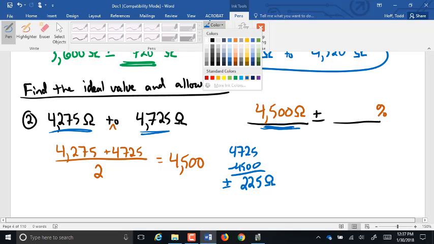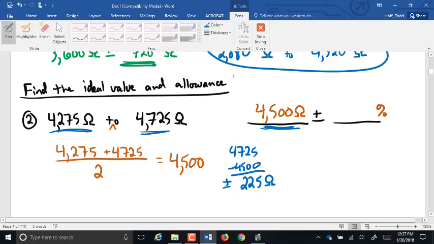But now we want that as a percent. How do we turn it into a percent? Well, a percent is out of 100. What goes on the other side of that proportion? There's somebody mumbling over there. 225 over... Go ahead, Jordan. Be brave.